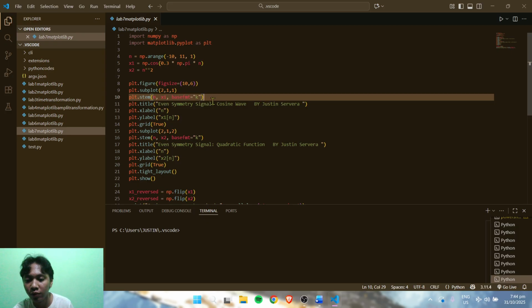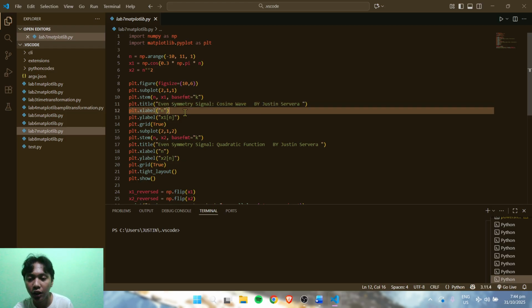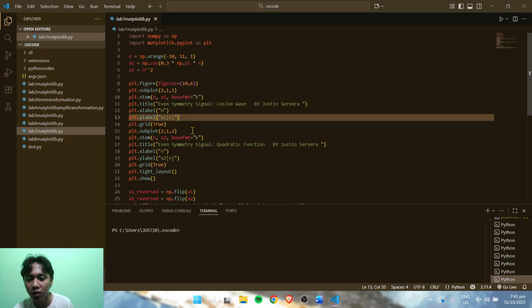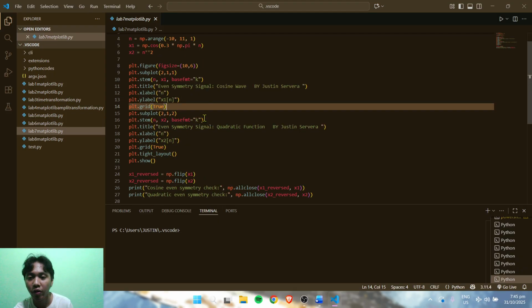It will show vertical lines, which is the stem, and k for the black base color, and the title, and the plot labels x and y to show the height of the plot, and the grid to make it easier to see the symmetry.